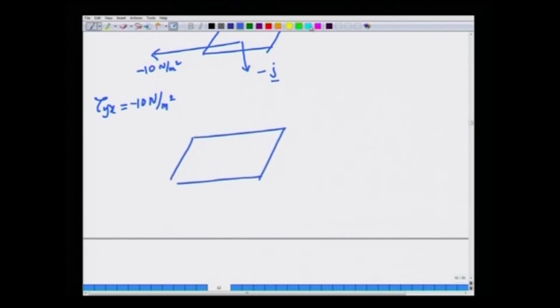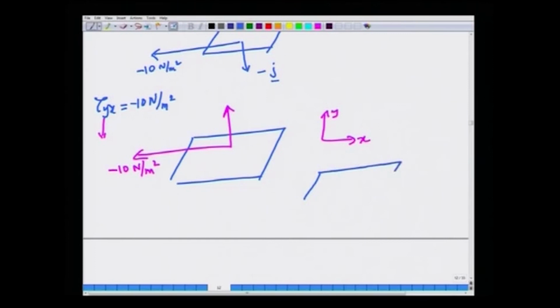The first subscript y means that you are considering a unit normal, let us say in the plus y direction, then the force is in the minus x direction. So, this is x, this is y. So, the force is acting in the minus x direction.